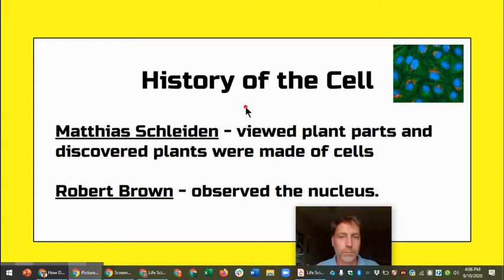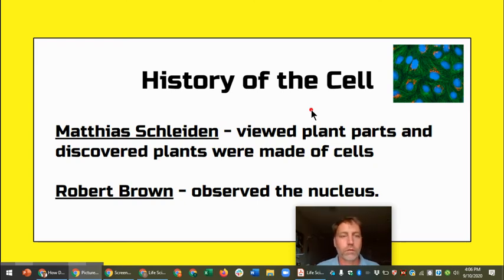Matthias Schleiden viewed plant parts and noticed that plants were made of cells and they had different parts within the cells. So here's a picture of some plant cells right here, and they have different structures within them. And then Robert Brown observed the nucleus of the cell.